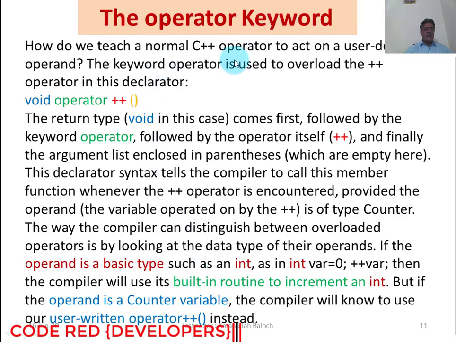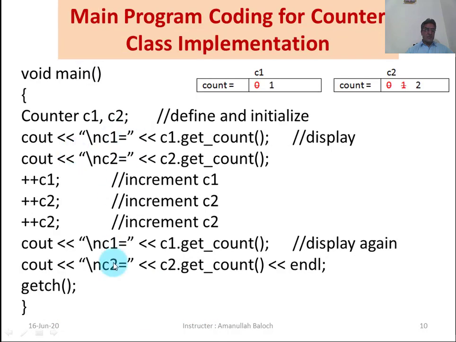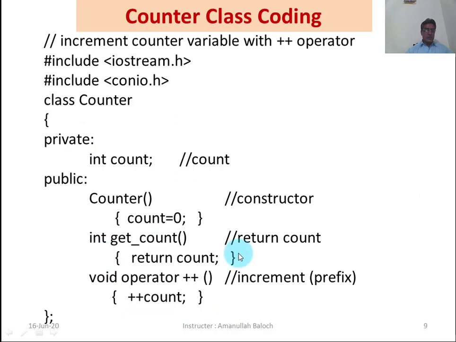The operator keyword. How do we teach a normal C++ operator to act on a user-defined operand? Here you may see that we are using the keyword operator, and this is the name of the function.